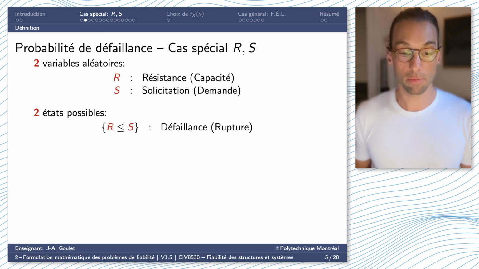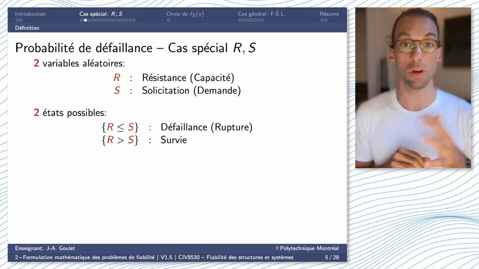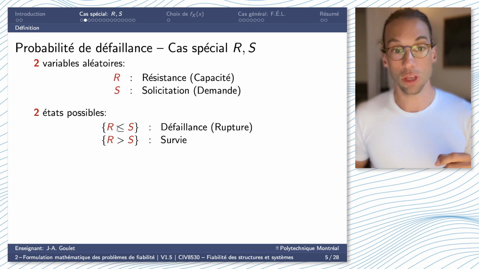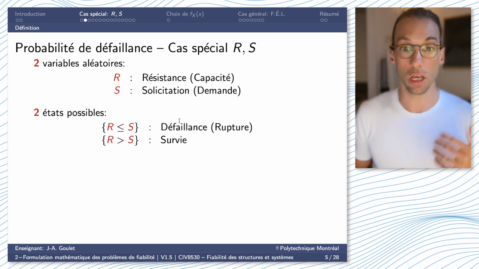If my resistance is less than or equal to my solicitation, I'm in my failure state. If we have the opposite, the resistance is greater than S, we have survival. And note here that the case where the resistance is equal to the solicitation, we define in the context of reliability as being in the failure domain.